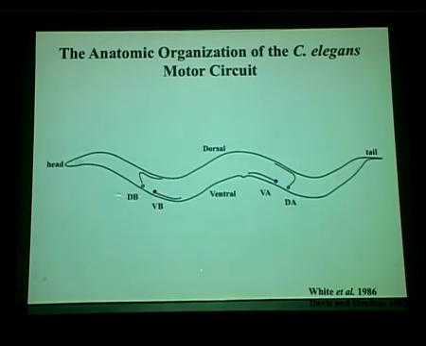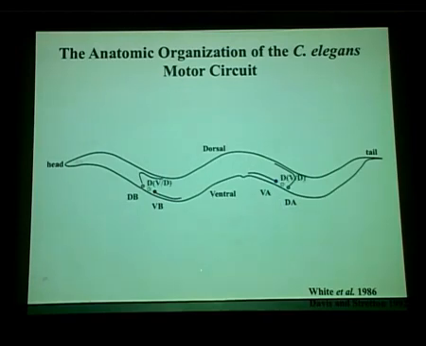So the B motor neurons project from anterior to posterior direction, and A oppositely. Based on this, it's been proposed by John White and his colleagues that probably the B motor neuron is primarily the motor neuron driving forward movement because it can allow the propagation of the muscle contraction to the posterior direction, and vice versa, the A neuron may be the predominant motor neuron driving backward movement.